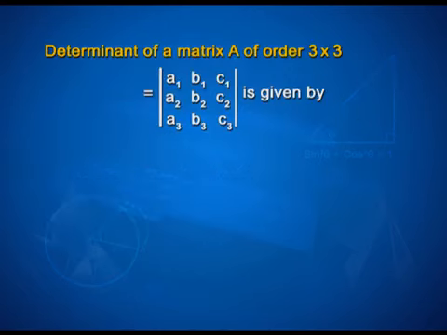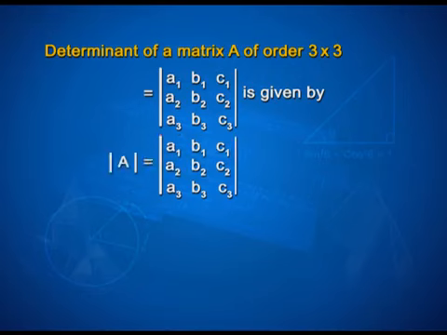The determinant of a matrix A of order 3 by 3 is given by determinant A with a1, b1, c1 as the first row, a2, b2, c2 as the second row, a3, b3, c3 as the third row.